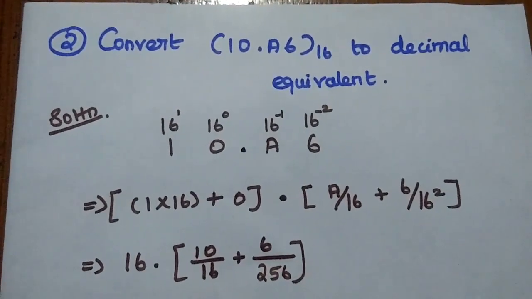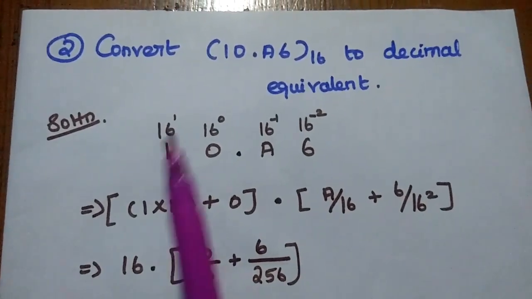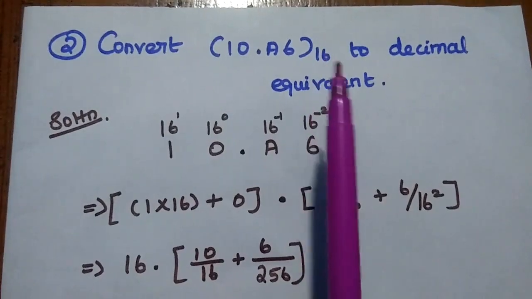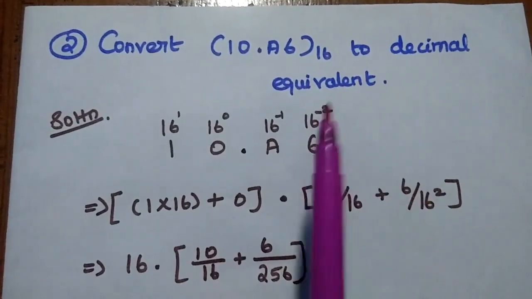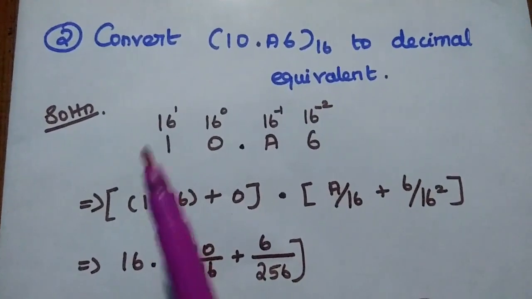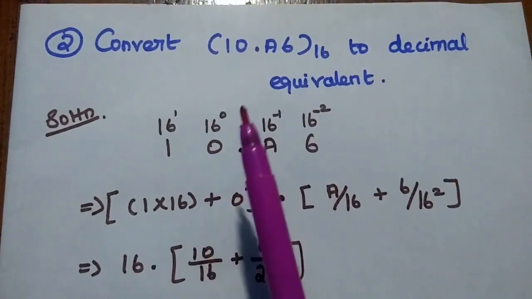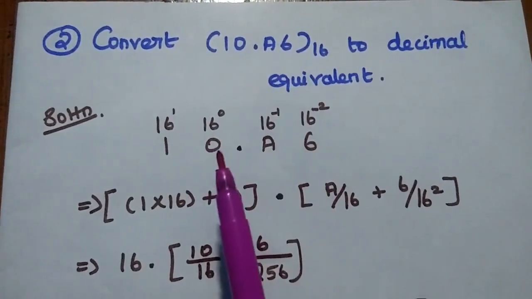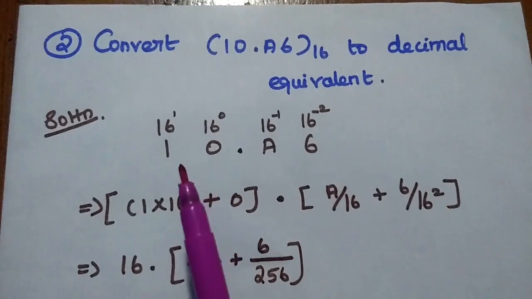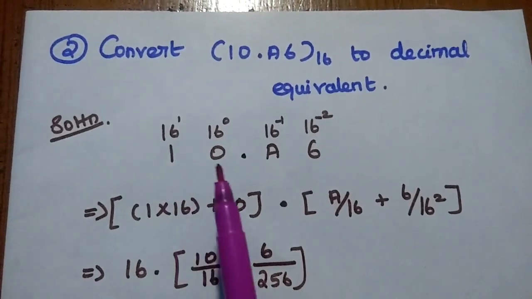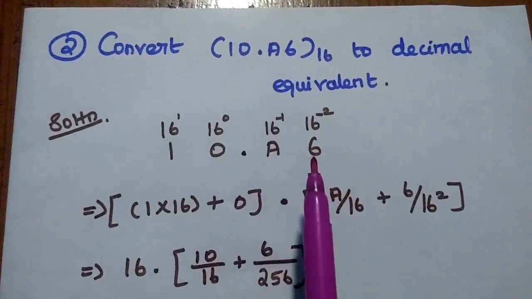The next problem is to convert the given hexadecimal number into its decimal equivalent. In the solution, we write down the given hexadecimal value as such, 10.A6.